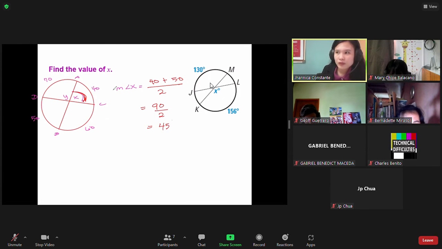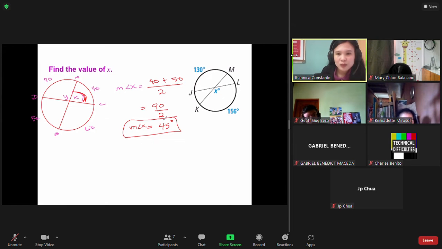So 45 degrees is the measurement of our angle X. So that's how you can be able to identify which arc are you going to use. Si arc na nasa unahan ni angle and si arc na nasa likuran ni angle. Okay? And get the sum of those two intersected arcs and then divide it by 2.